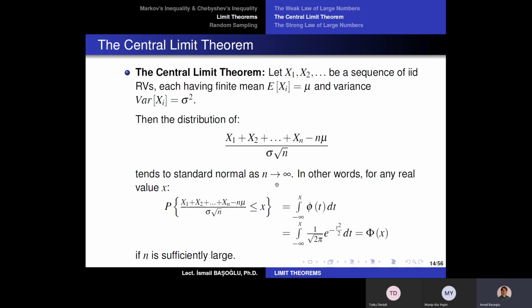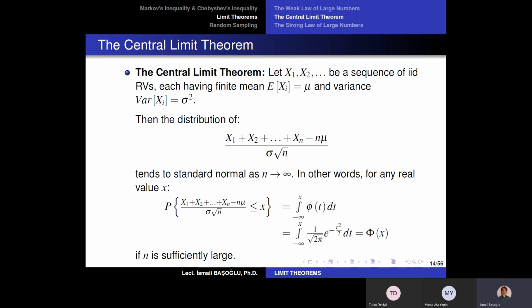It is a random variable because it is a function of random variables, but it is also going to be normal, a standard normal random variable, in fact.